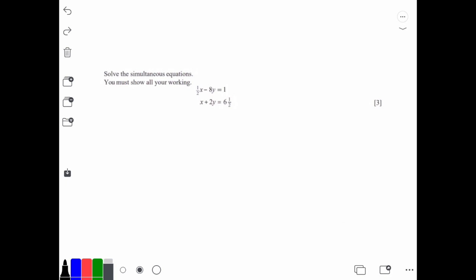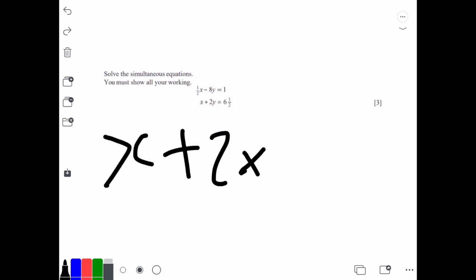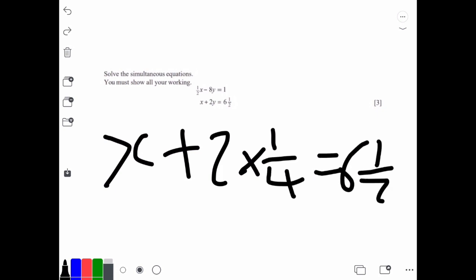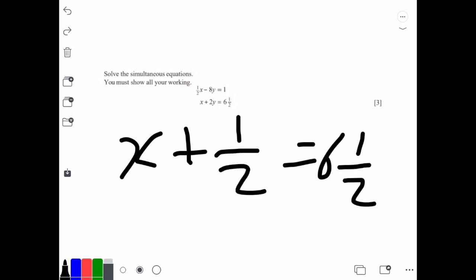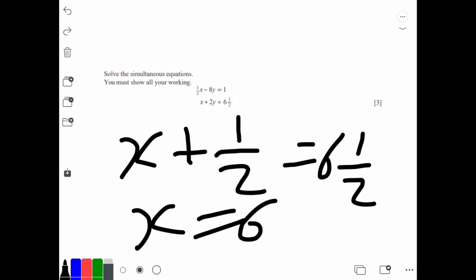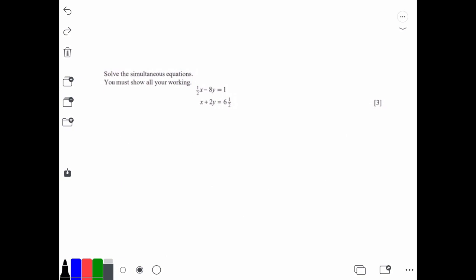I would choose the bottom one because it just looks simpler. So x plus 2 multiplied by 1 over 4 is equal to 6.5. That means that x plus a half is equal to 6.5, which means x is equal to 6.